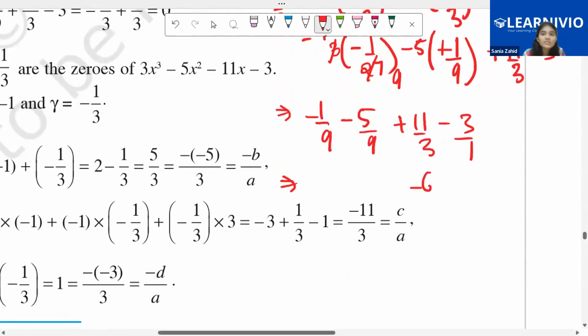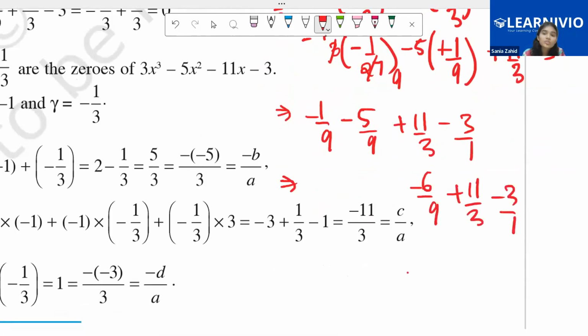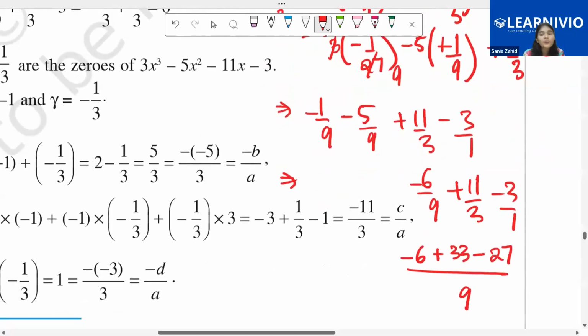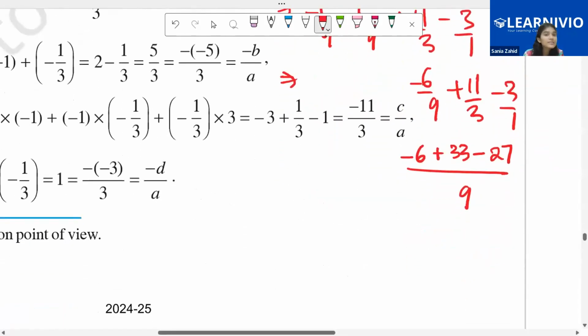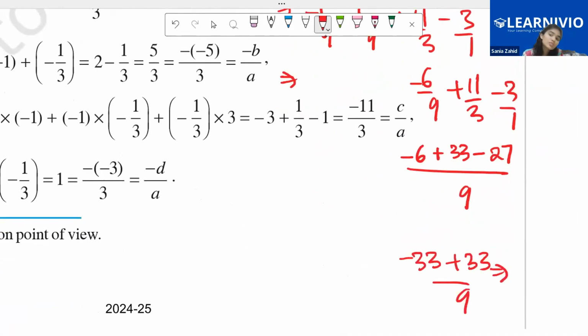So I get -6 by 9, plus 11 by 3, minus 3 by 1. So I get 9 is the LCM, -6 plus 33, minus 27. Okay, so -27 and -6 gives you -33 only. -33 plus 33 by 9. So this gives you 0 again.